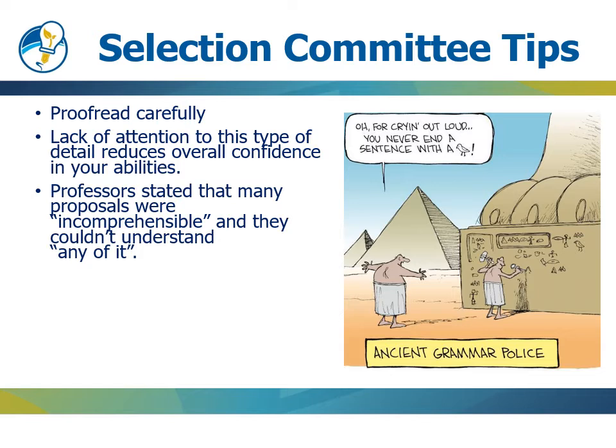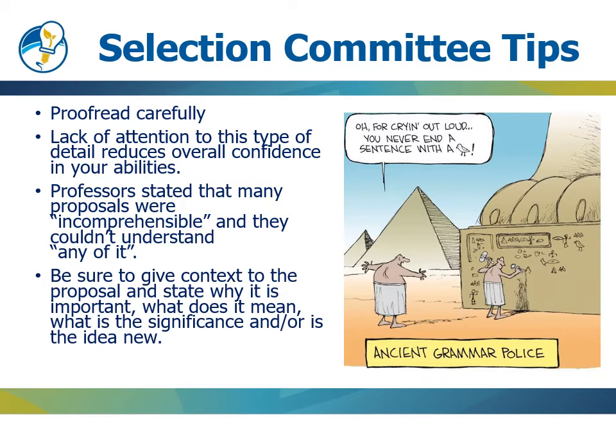So be sure to keep that in mind and make sure that it's concise and clear in what you're trying to communicate. And that goes along with context and what does it mean? Why is it important? What's the significance? We all could talk for days about the research topics that we are passionate about. But again, you want to be concise and clear and direct and to the point within the guidelines given.